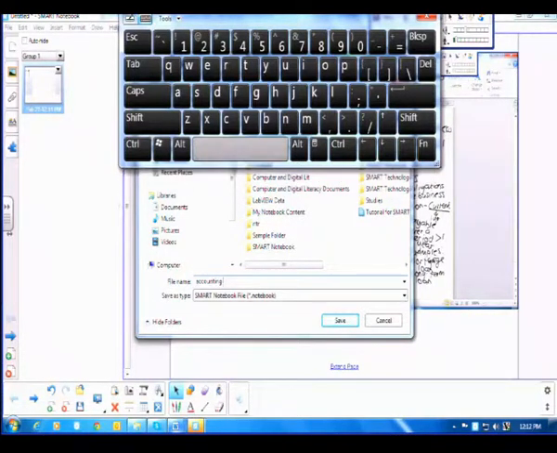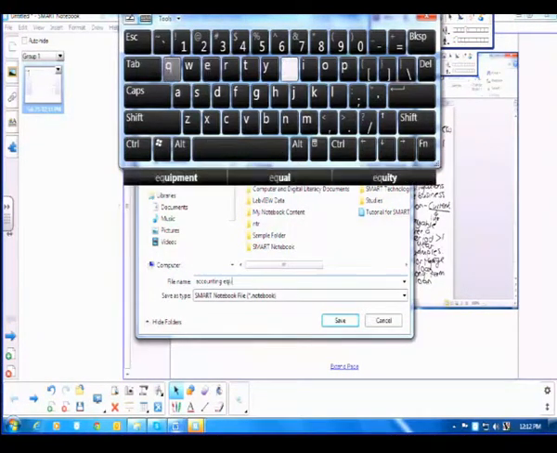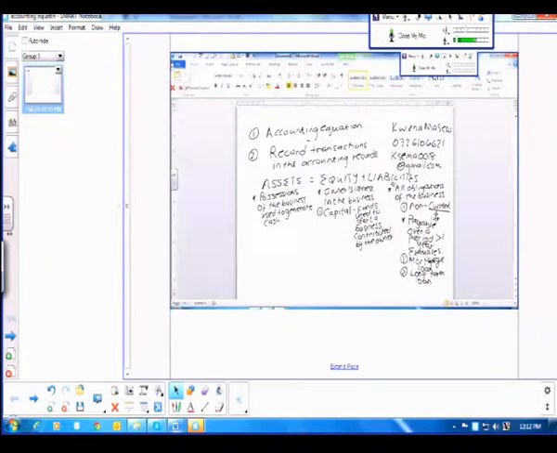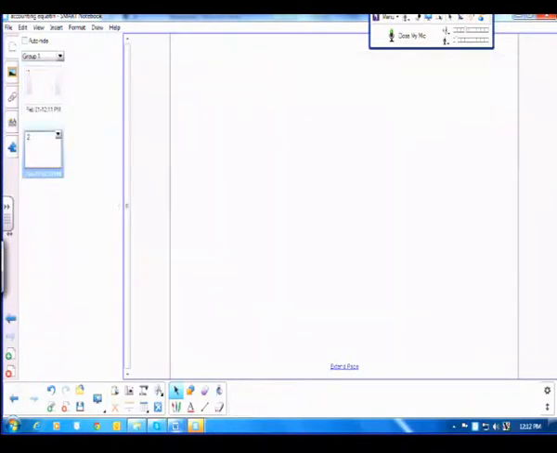Here we go, it is saved. So we're going to go to our new document, and we're just carrying on.